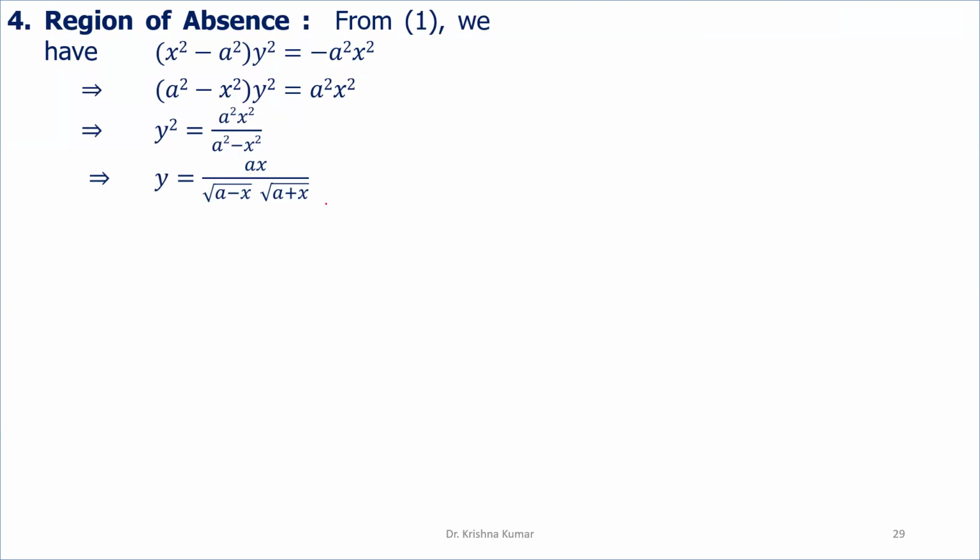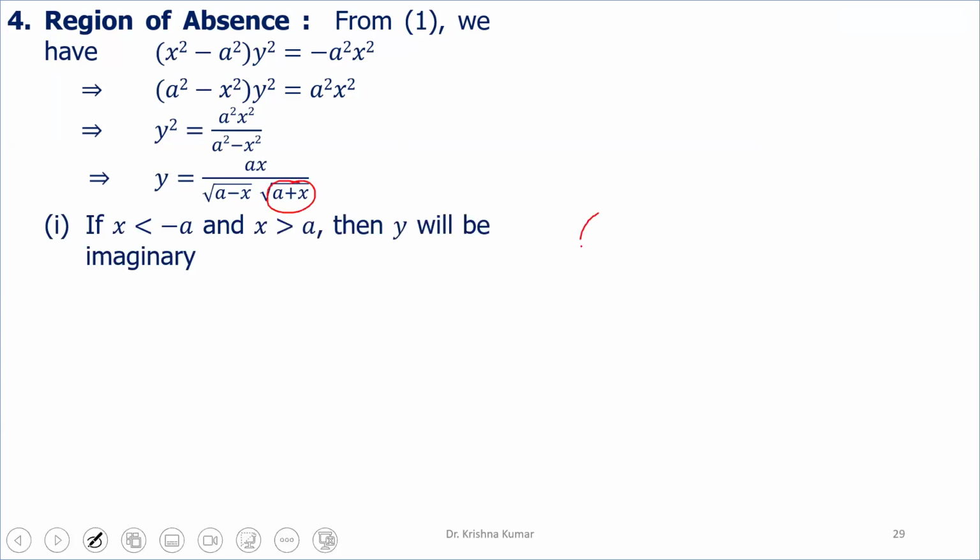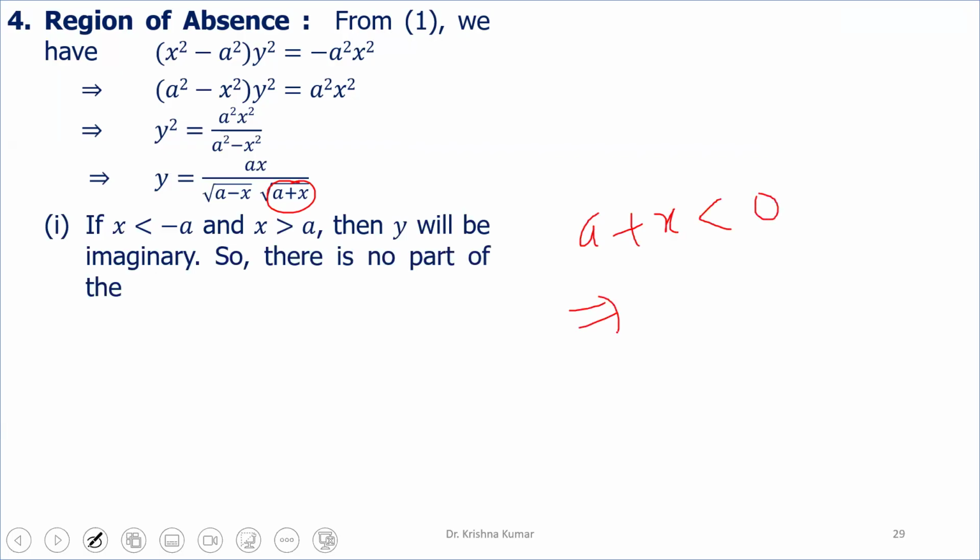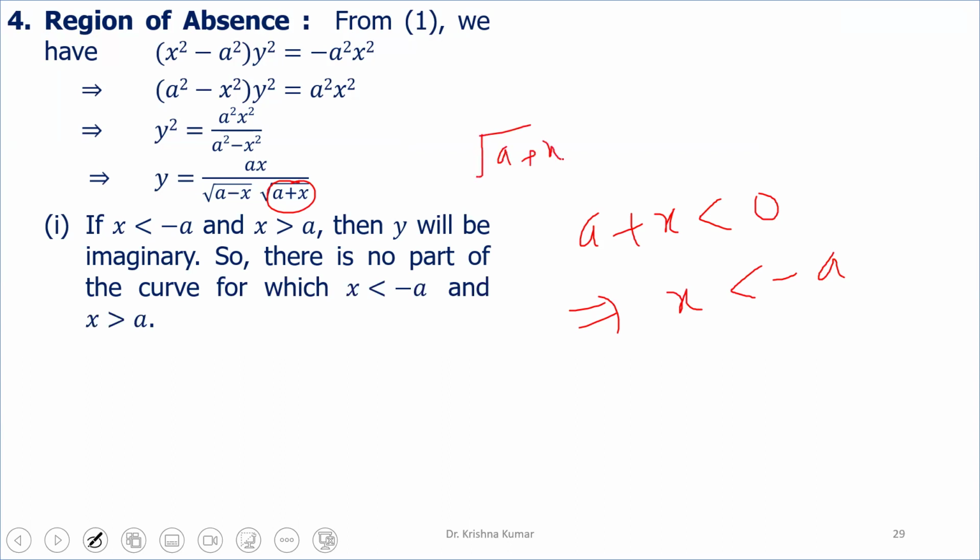Now, it is very clear that if a plus x is less than 0, what does it mean? It means that x is less than minus a. What will happen then? Root over a plus x will be the square root of a negative number, which is imaginary. So y will become imaginary.